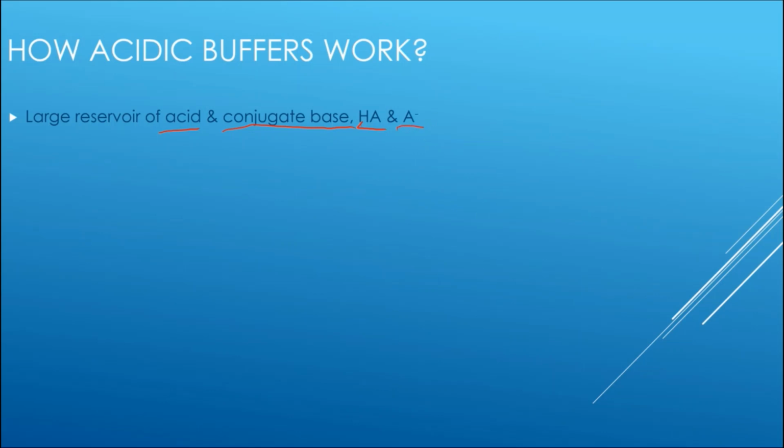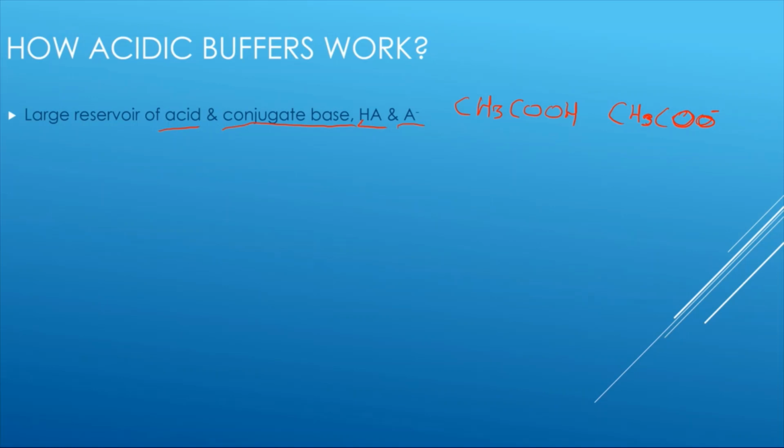So for example, if our weak acid was ethanoic acid, CH3COOH, our conjugate base would be CH3COO minus.